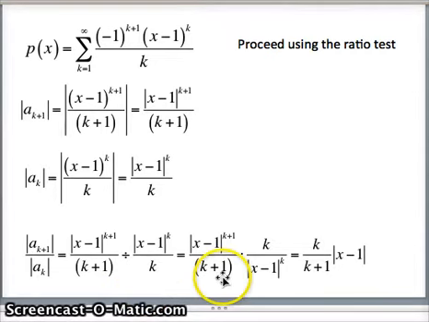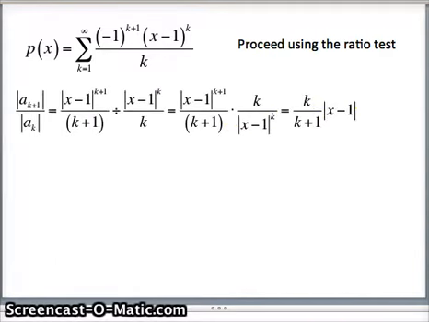So change that division to multiplication: absolute x minus 1 to the k plus 1 over k plus 1 times k over absolute x minus 1 to the k. You'll notice x minus 1 to the k plus 1 divided by x minus 1 to the k just gives me an absolute x minus 1 times k over k plus 1. With the ratio test, we want the limit as k goes to infinity of this.